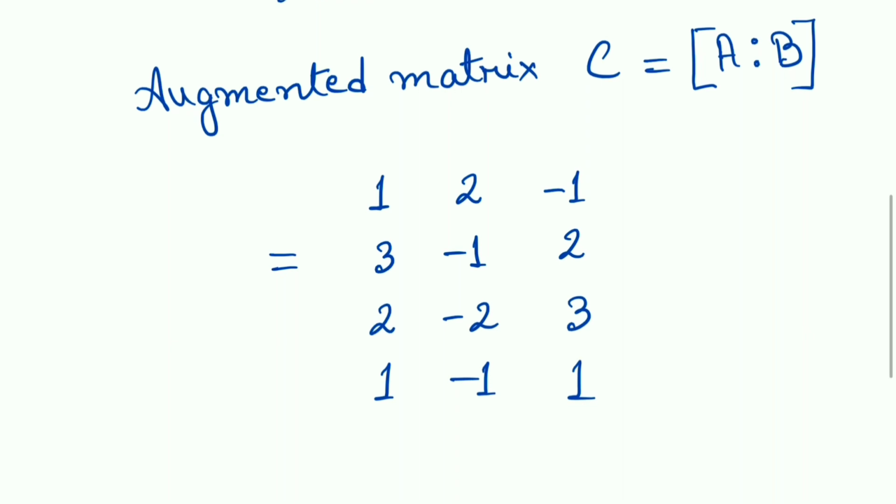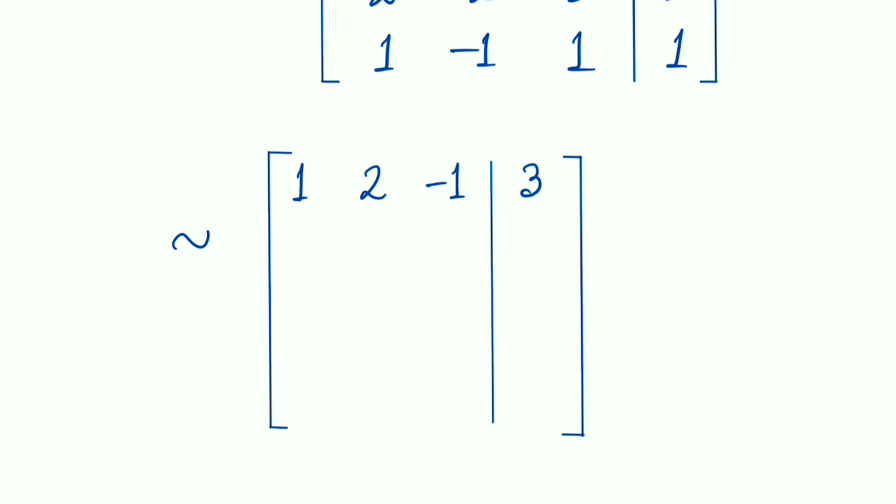So this is the matrix A, 4 by 3 matrix, and then we combine the matrix B, that is 3, 1, 2, minus 1. Here we put a vertical bar to differentiate the matrix A from matrix B.